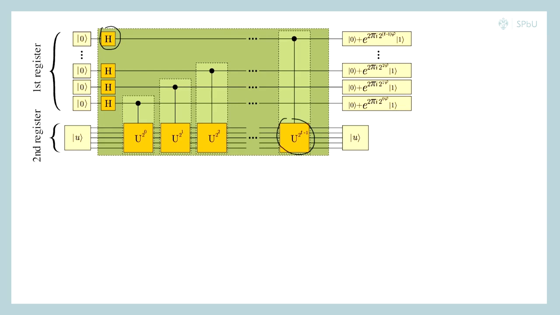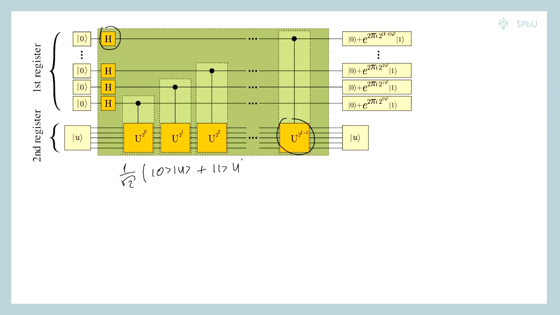So, the state of the system after the one u transformation is 1 over the square root of 2, 0 state on the state of the second register plus 1, and here we have to perform the transformation u because the first register is in the state 1.